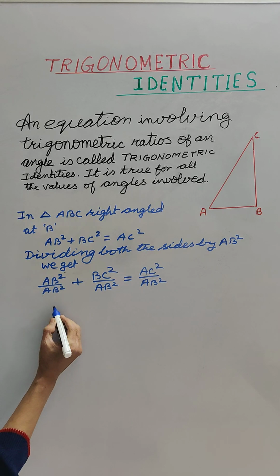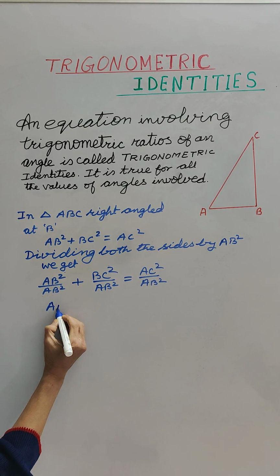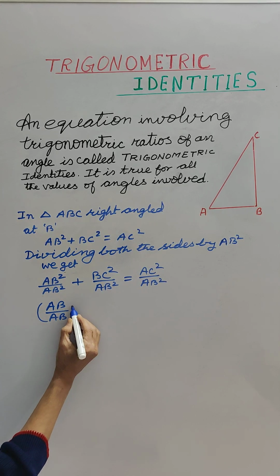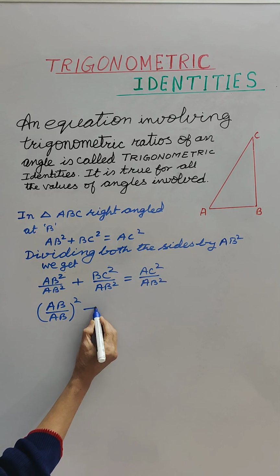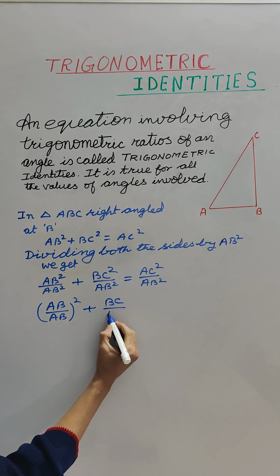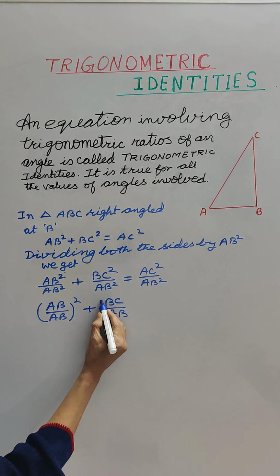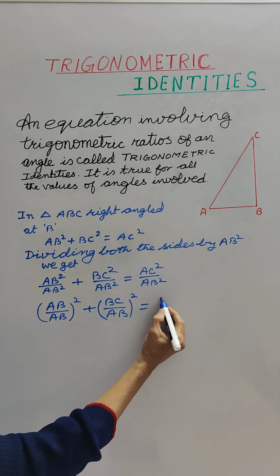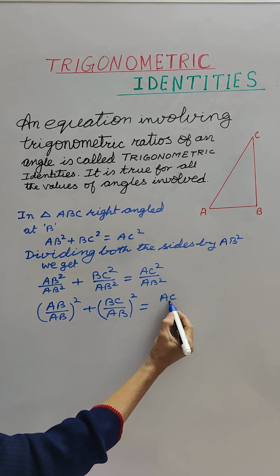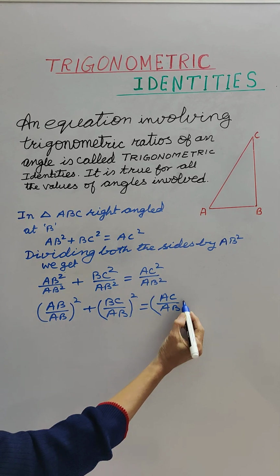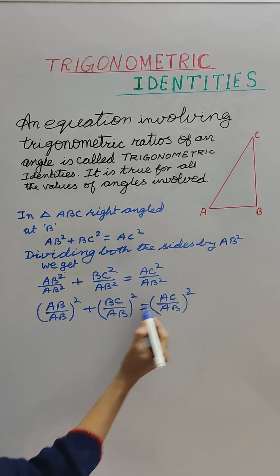We can write this like this: AB upon AB whole square plus BC upon AB square is equal to AC upon AB square.